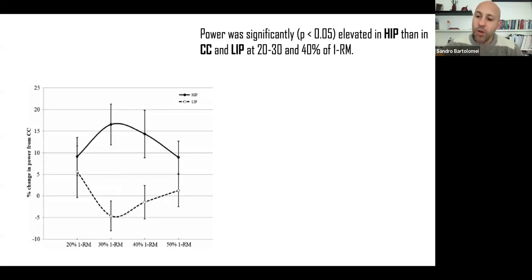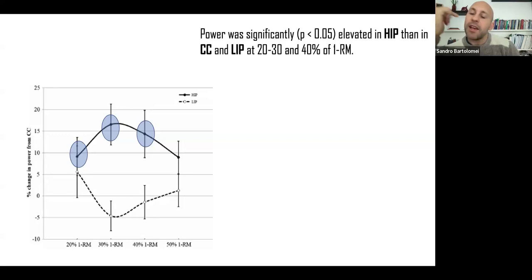What we registered was that at some loads, 20, 30, and 40% of 1RM, we obtained an improvement in power compared to the concentric only contraction. However, the improvement of power was significant only when the individual was asked to obtain 100% of his maximum force before the release of the bar.